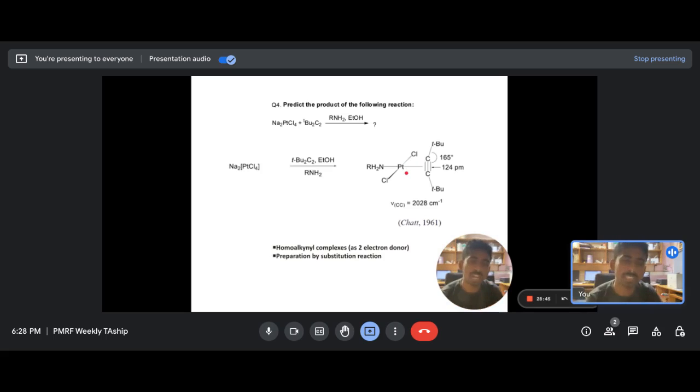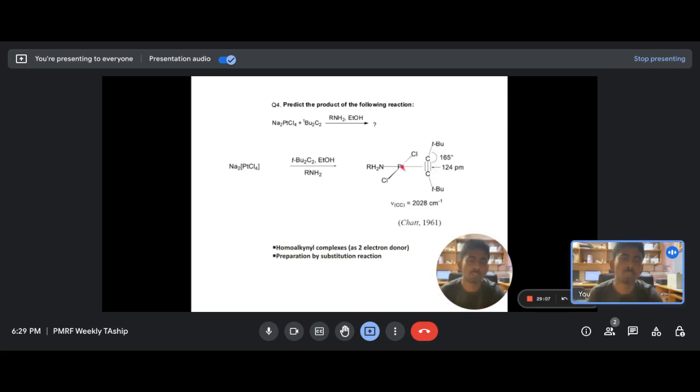It is a normal substitution reaction where RNH2 is nucleophilically attacking the platinum center, which is quite electrophilic in nature, and in the position trans to the Cl- that is eliminated as NaCl, the ditert-butyl acetylene will come and bind.